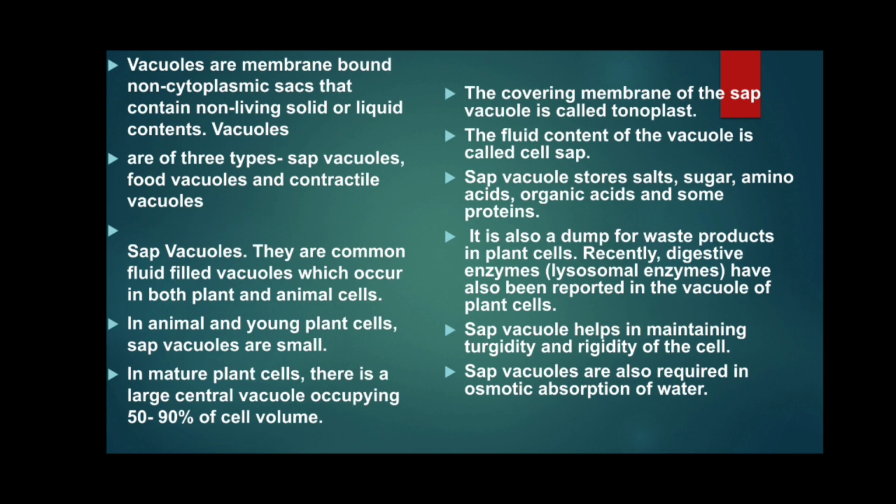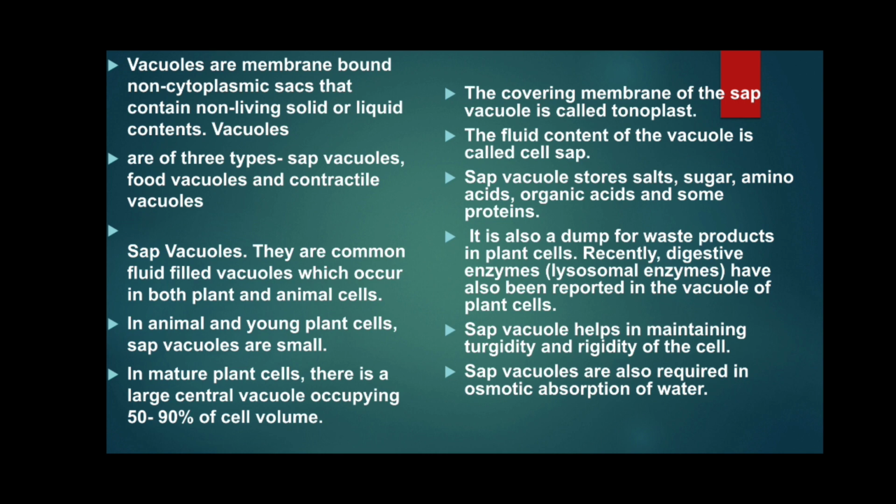Vacuoles are of three types. First one is the sap vacuole, second is the food vacuole, and third is the contractile vacuole. Sap vacuoles are filled with liquid content in plant as well as animal cells. In plant cells, this vacuole covers a large volume.